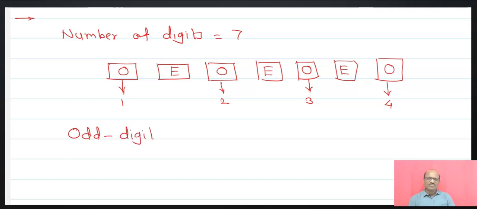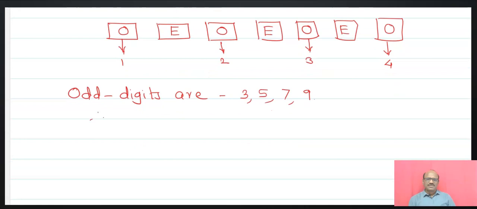That is, the total number of odd digits is 4, and the digits are 3, 5, 7, 9. Even digits, they are 4, 6, 8.